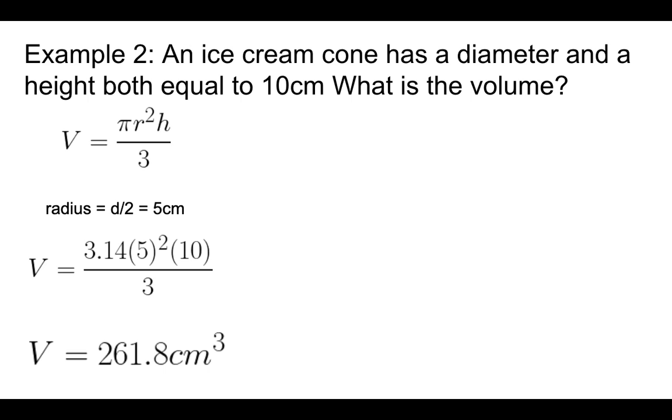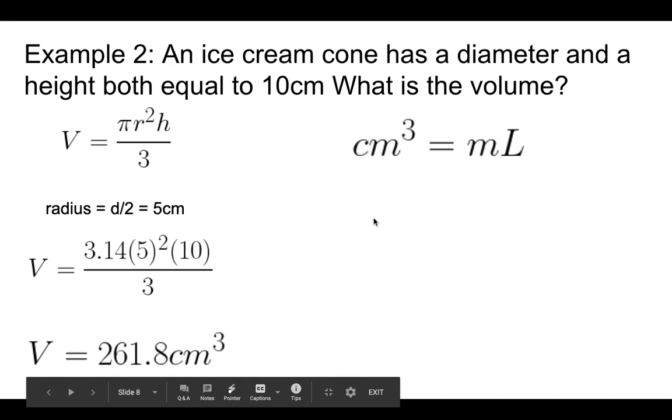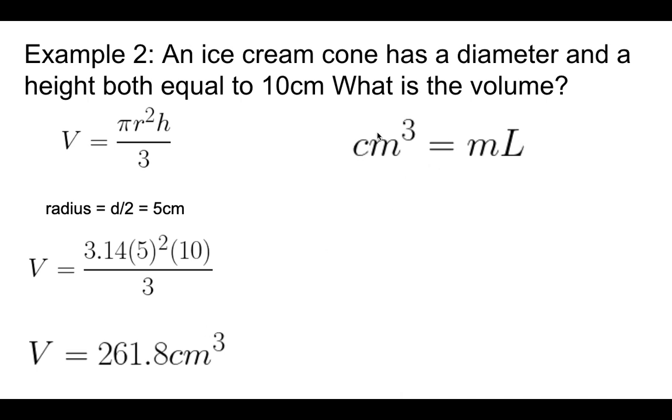Something interesting here that I haven't mentioned before, but it's a good place to do it because I'm going to ask you a follow-up question: centimeters cubed is the same as milliliters. When we measure volume, especially when we're baking or cooking, we tend to use milliliters, don't we, in the metric system. So as just a note for you, 1 centimeter cubed is equal to 1 milliliter.